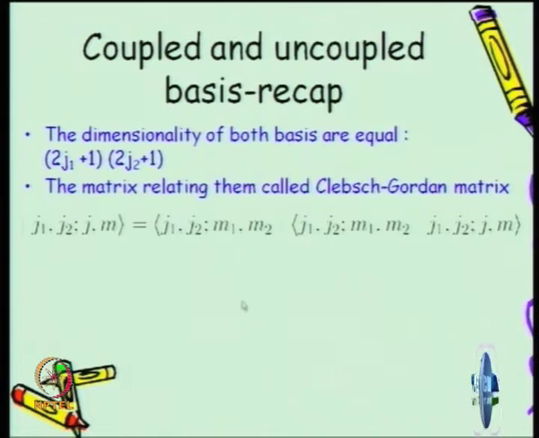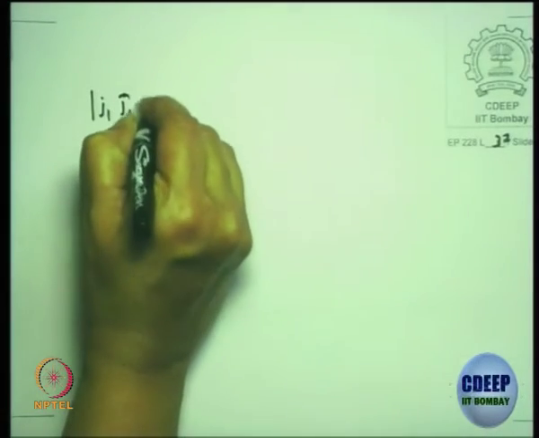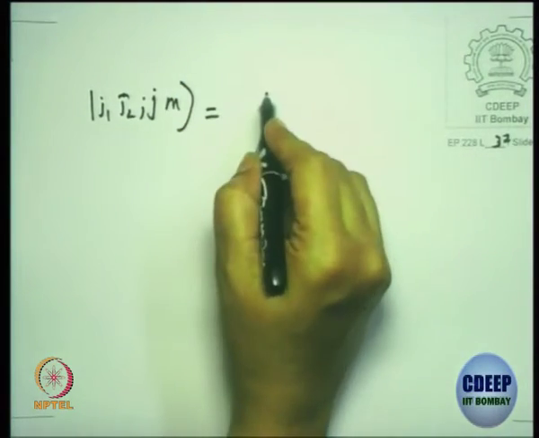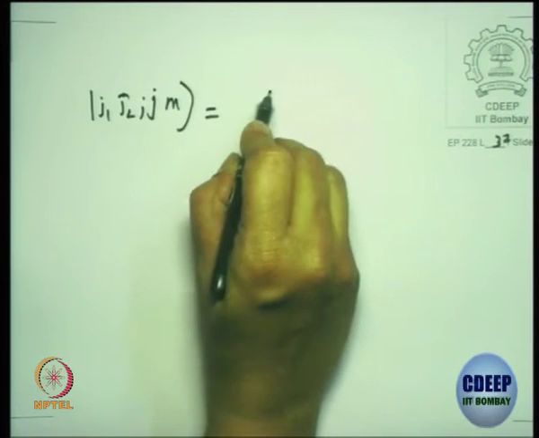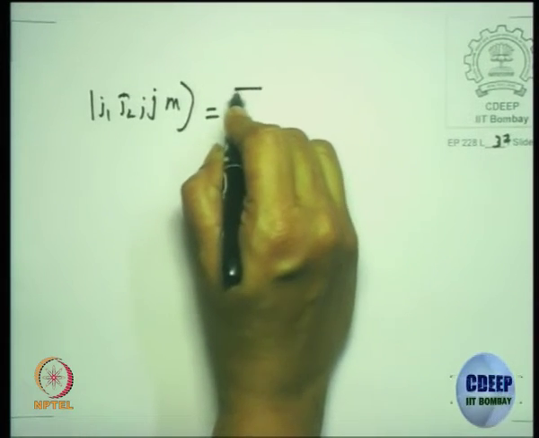And formally, this is something I wanted to correct, probably I have not corrected it. So let me write it for completeness, since this is the first time you are learning. You can take J1, J2, J, M. You can write an identity state here.